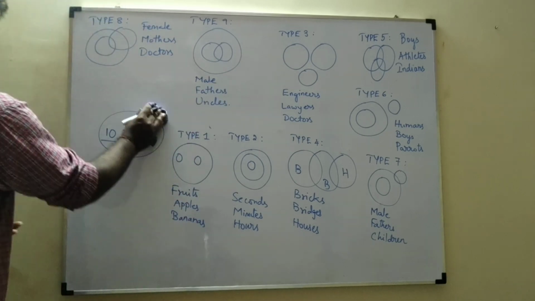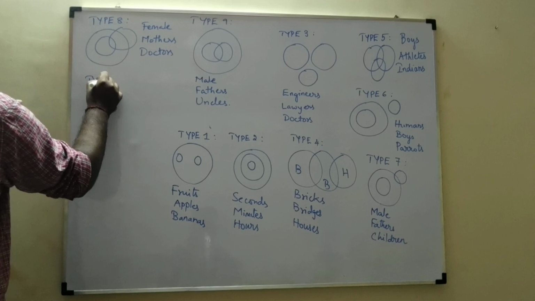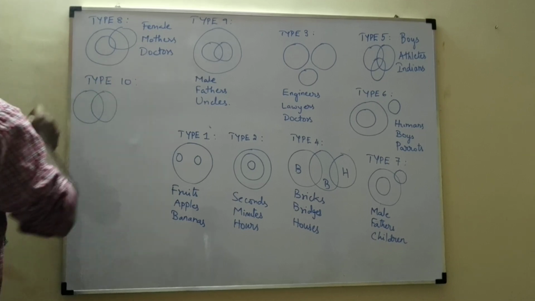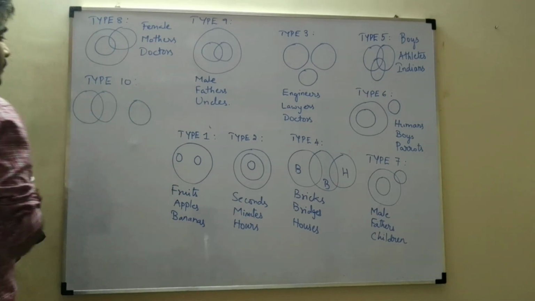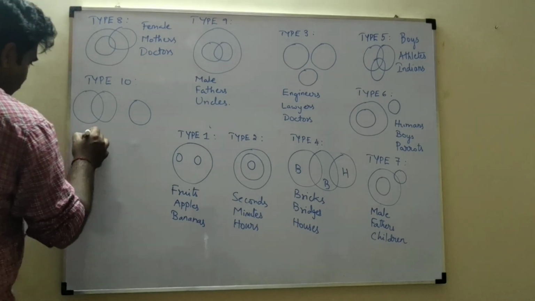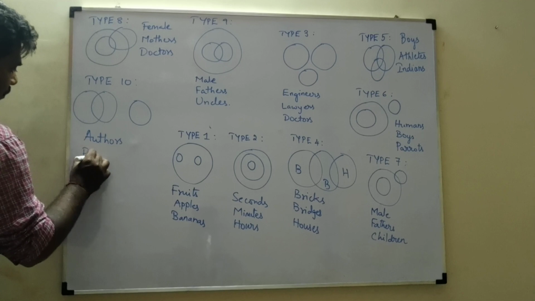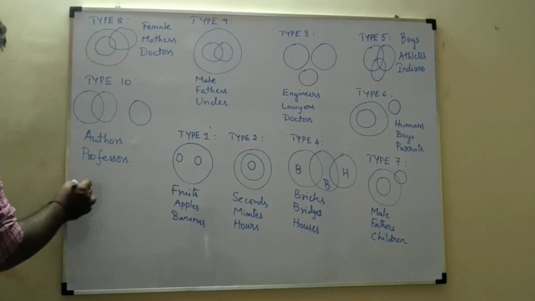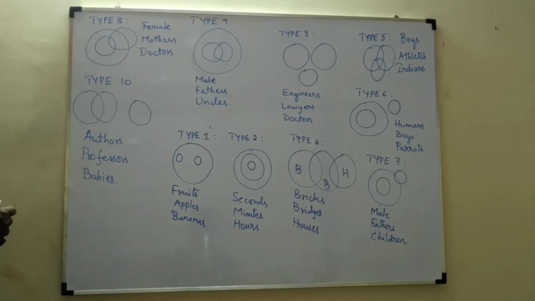Then finally type 10, where two items are partially connected to one another and the third one is entirely different. An example for this can be given as authors, professors, babies. So these are the 10 models in which you will be getting 5 marks.